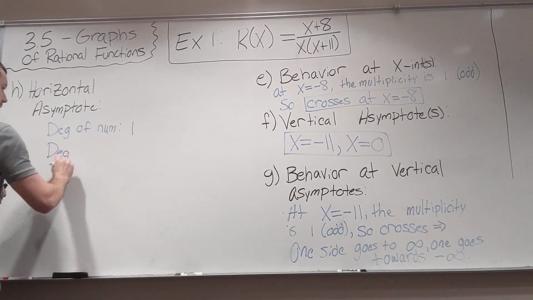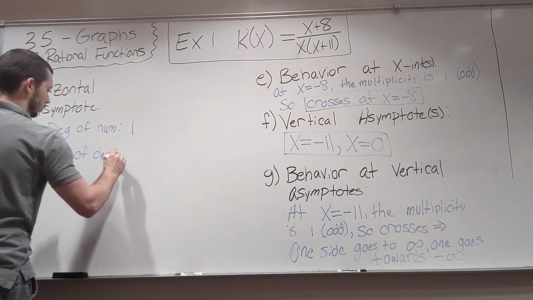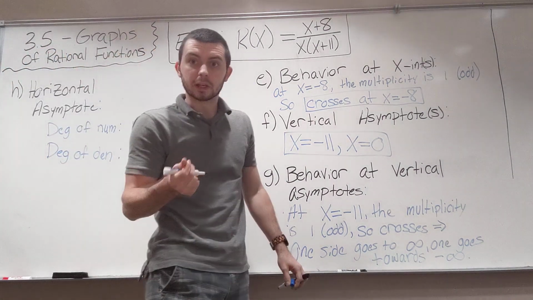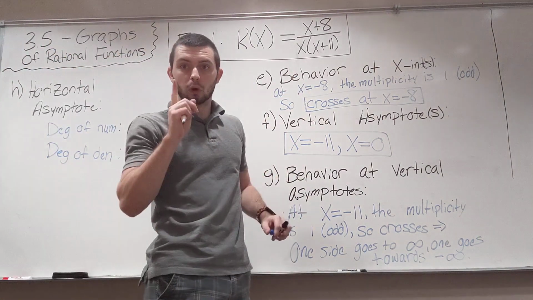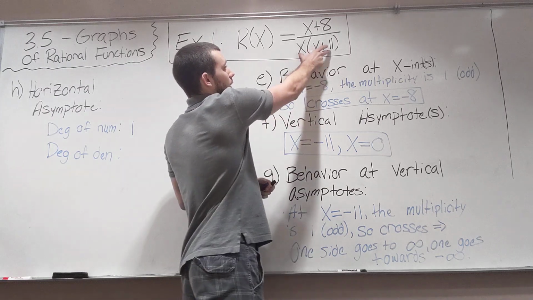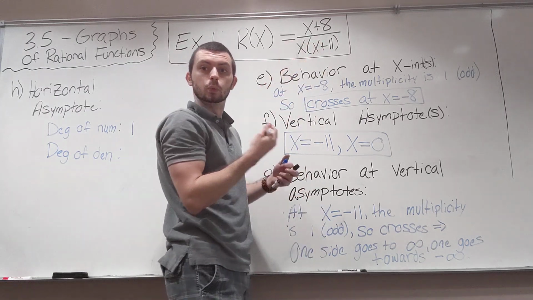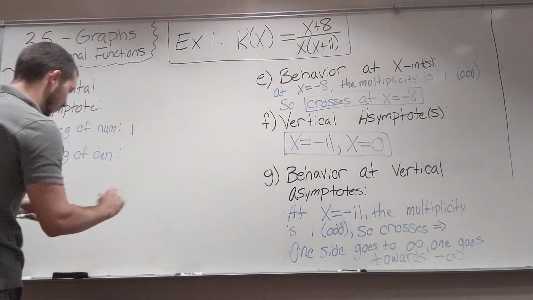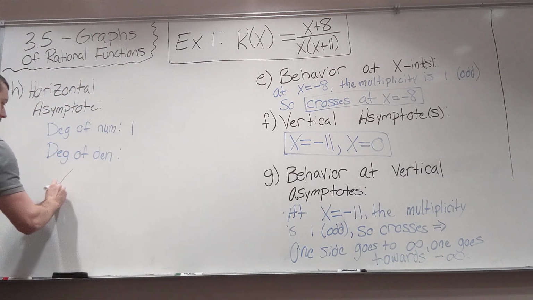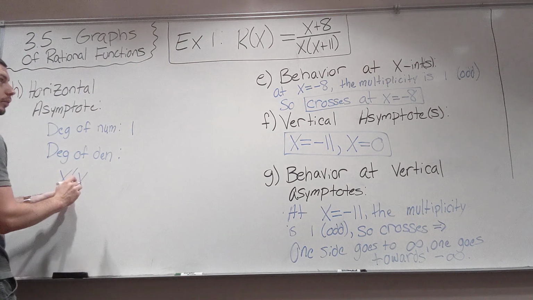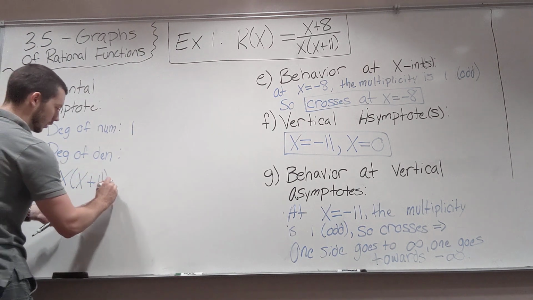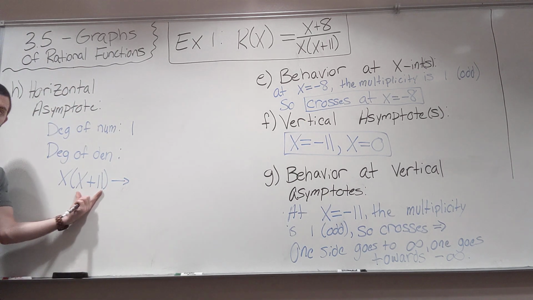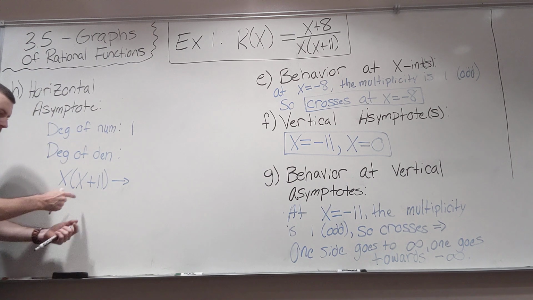The degree of the denominator is not going to be 1 because this is all factored, which means that you have to think about the term domination stuff that we mentioned in the previous section. So if you think about x times x plus 11, the term that dominates is just x.